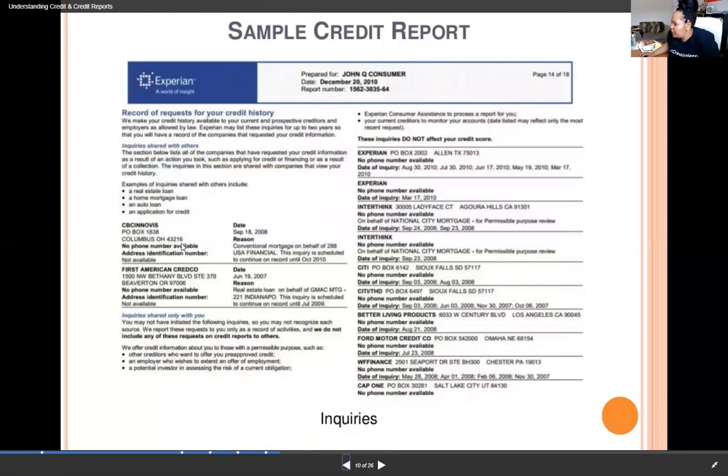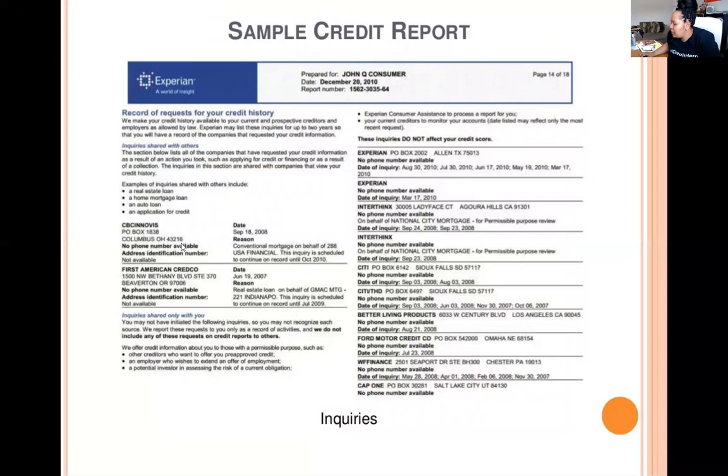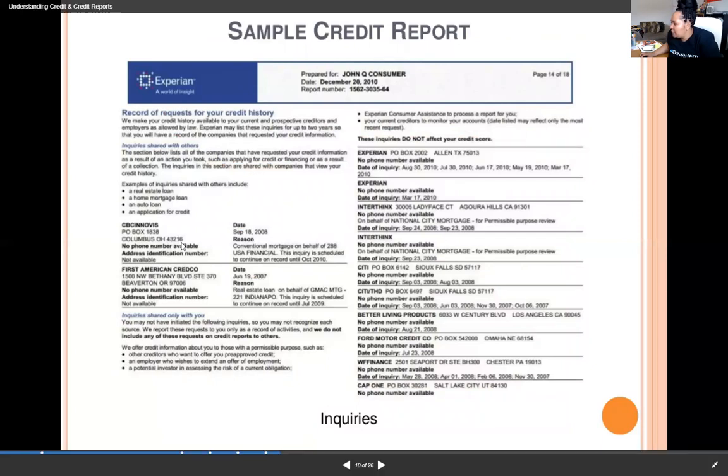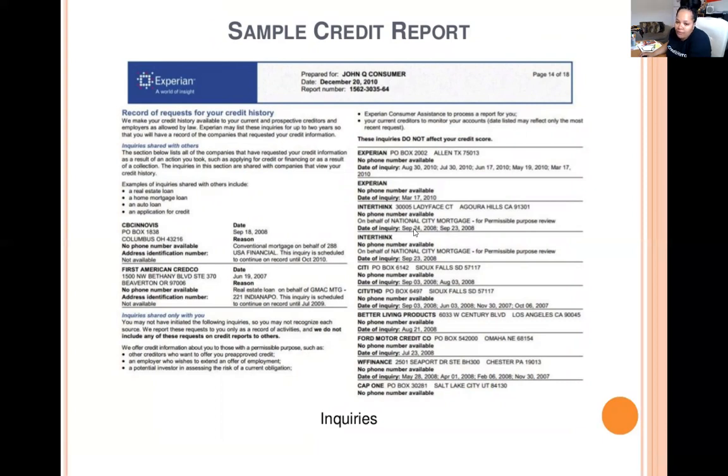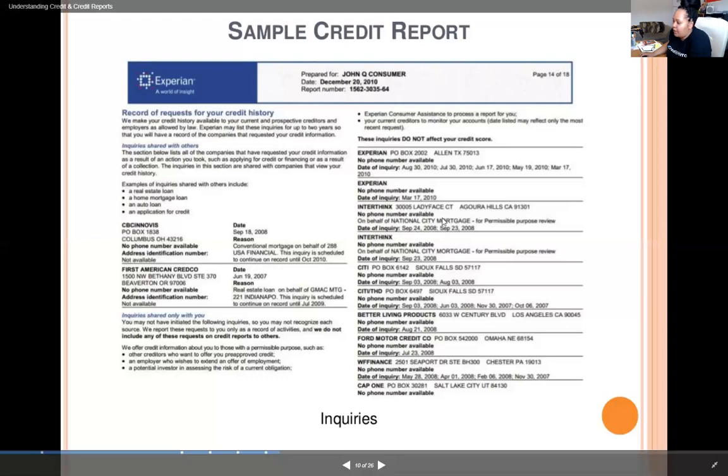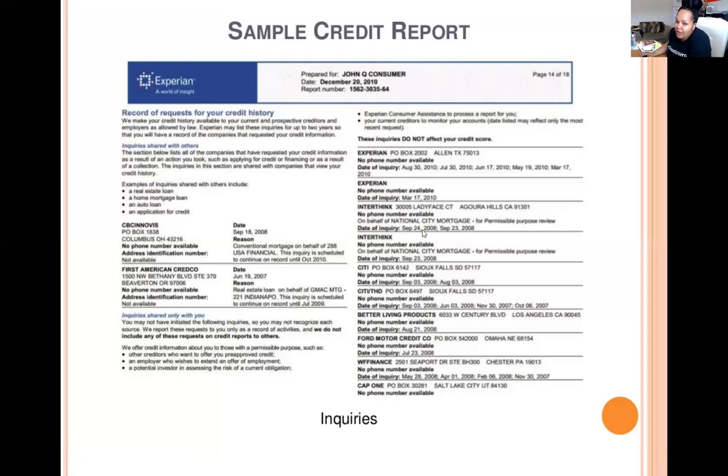This is just breaking down all of the inquiries, and it gives you the dates. So if you know that you applied for credit on September 20th, but your credit report shows September 24th, that's an inaccurate item.